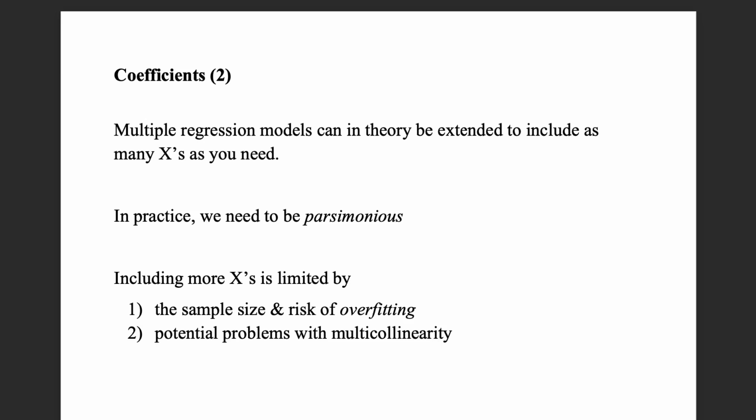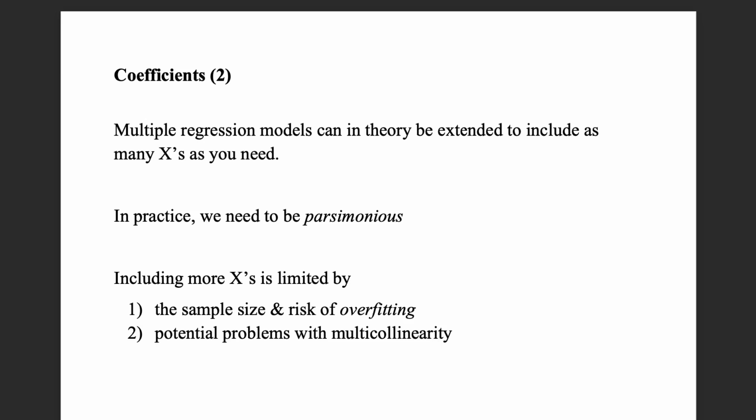And the other, a somewhat related problem, is that we have to be aware of potential problems with multicollinearity. Great Scrabble word. I will explain both of these issues a little bit to you now, and later in the course we'll get deeper into them. But it's good if you already have some familiarity with them.